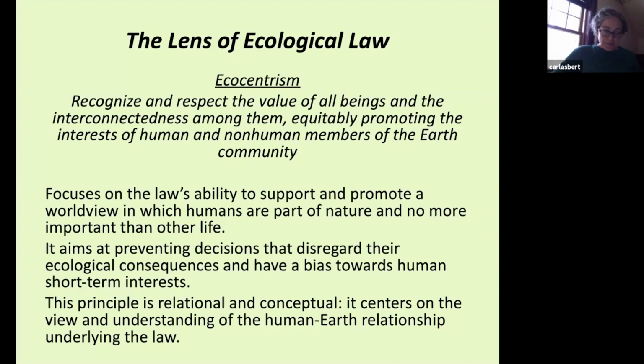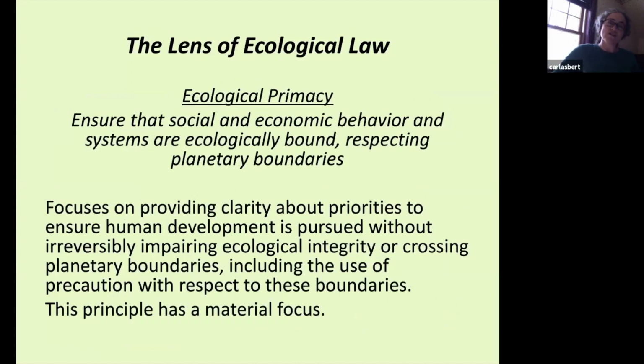And so that's ecocentrism. The second principle, next please, Geoff, is ecological primacy. This principle calls for ensuring that social and economic behavior and systems are ecologically bound, respecting planetary boundaries.